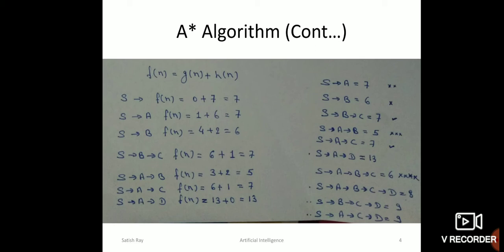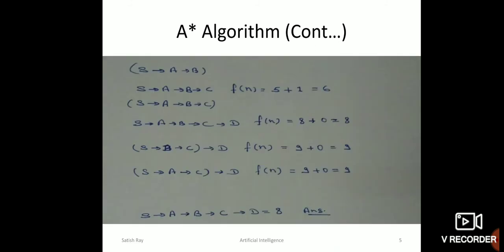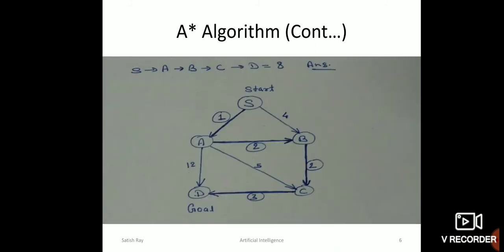Then we will check for the minimum value. So the minimum value is 8, the second one, S to A to B to C to D. So it is our answer, S to A to B to C to D, and I have highlighted this path in the graph. So this will be our answer.